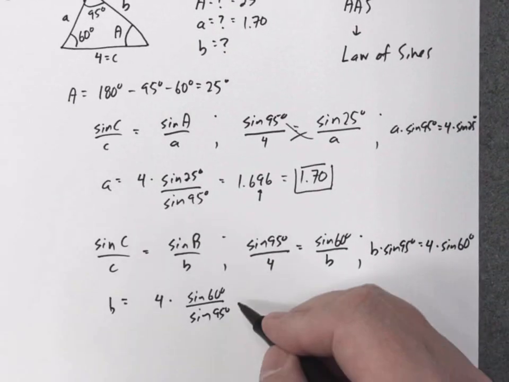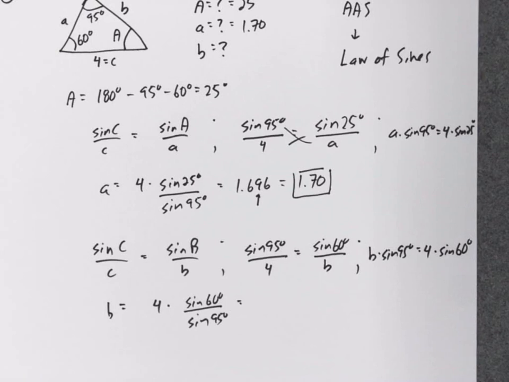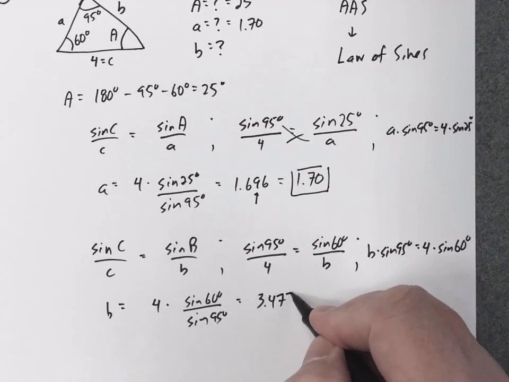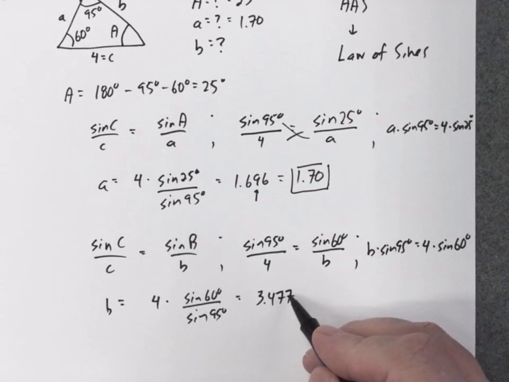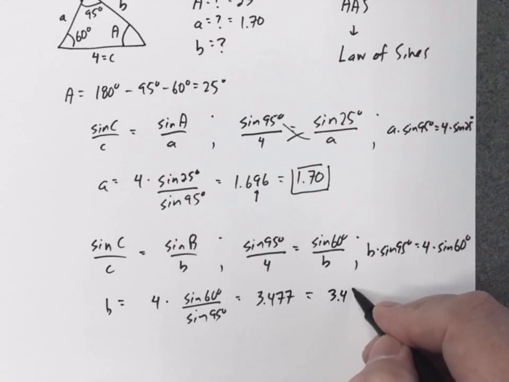Once again, grab your calculator. Sine of 60 divided by sine of 95, multiply that by 4, 3.477. So this 7 is going to get bumped up to 8, so the final answer should be 3.48.